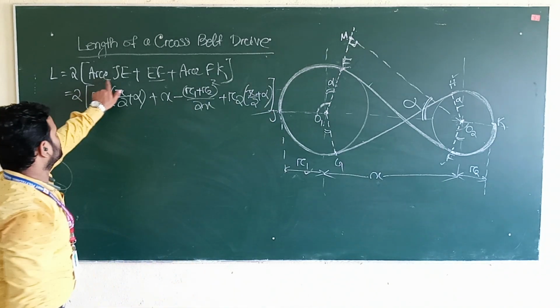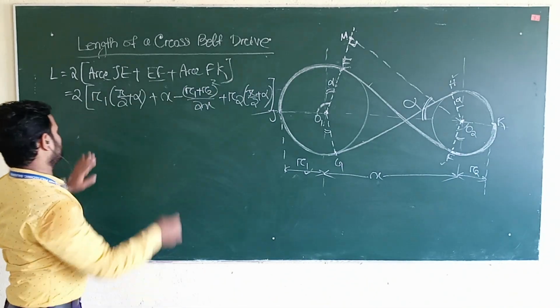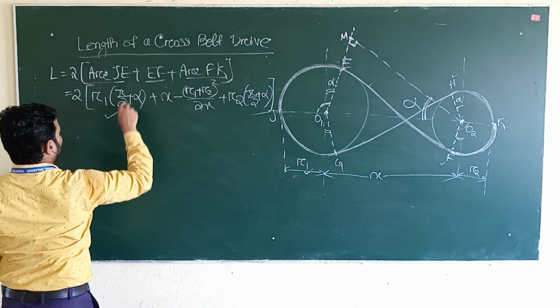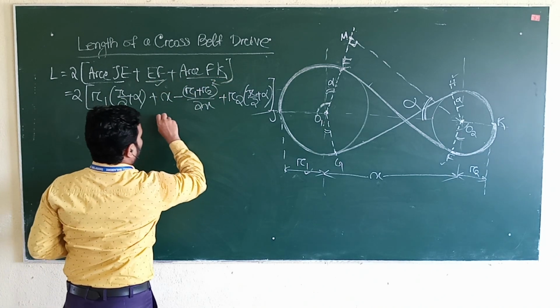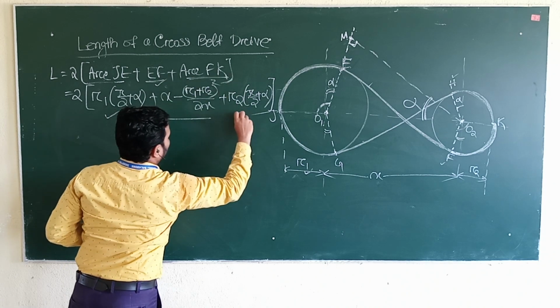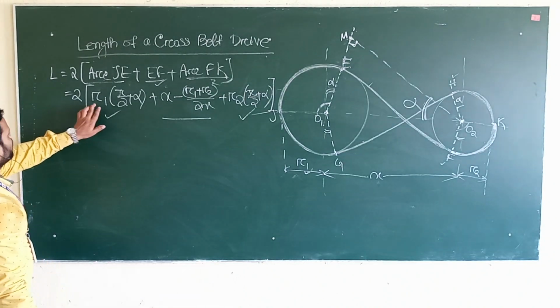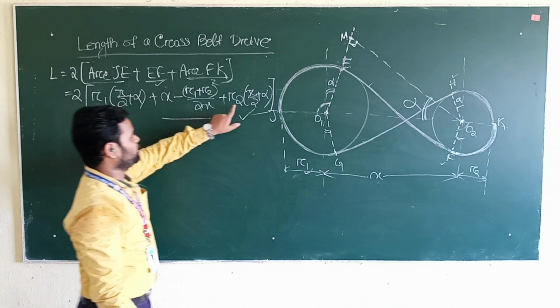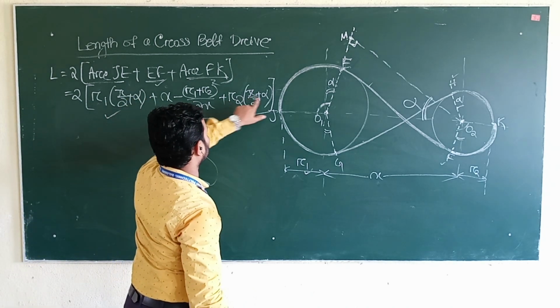So the values of the three terms will be put here: in place of RJE we put this, in place of EF we put this, and in place of RFK we put this. Now make the multiplication: R1 with pi by 2 and R1 with alpha, similarly R2 into pi by 2 and R2 into alpha.